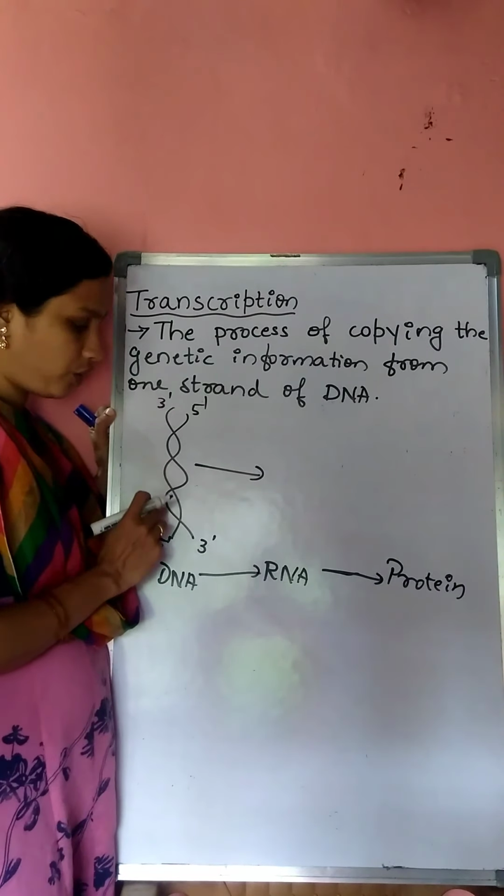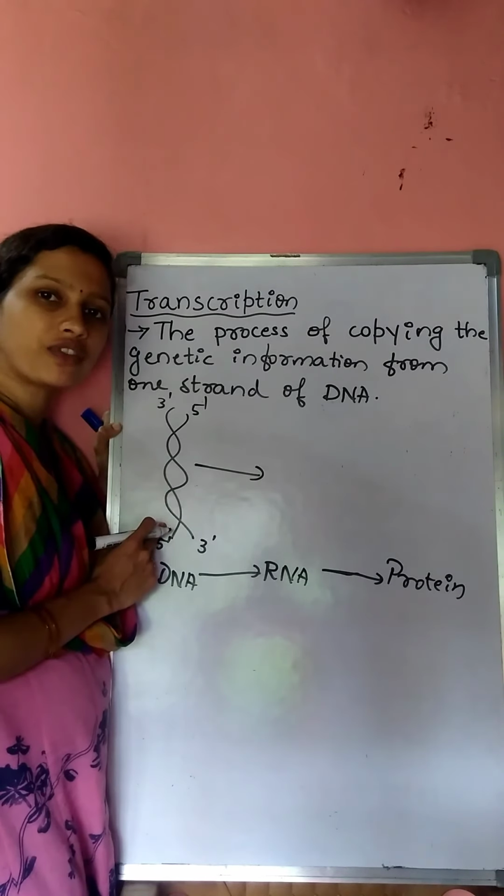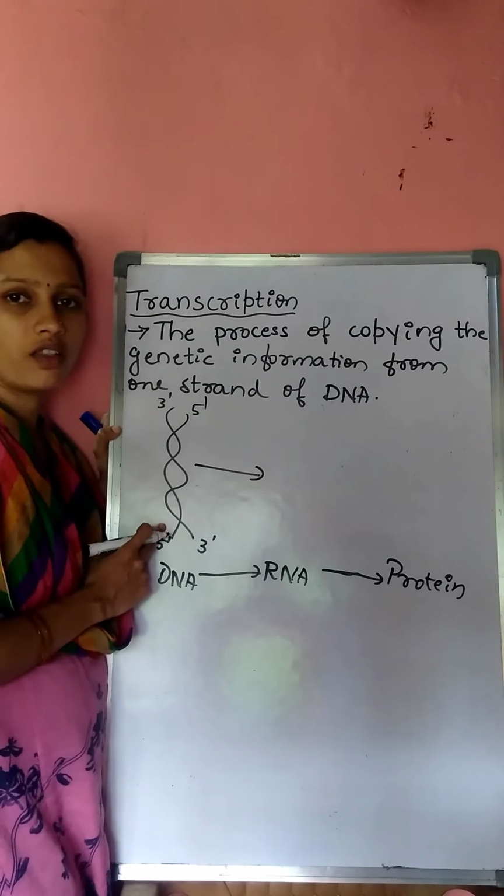See, here two polynucleotide strands are present. If both the polynucleotide strands of DNA are involved in transcription, then what happens?